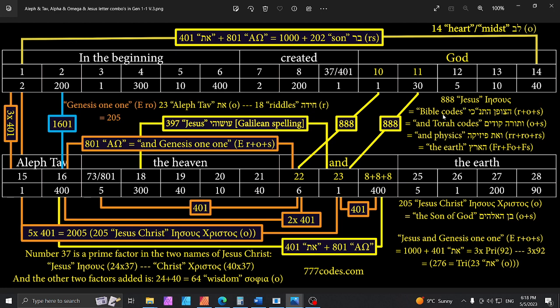Oh, I almost forgot this one. That's good. If you add all letters from 1 to 14, and that is the first center letter of this verse, we get Aleph and Tav plus Alpha Omega, which equals 1000 plus the value of Son.